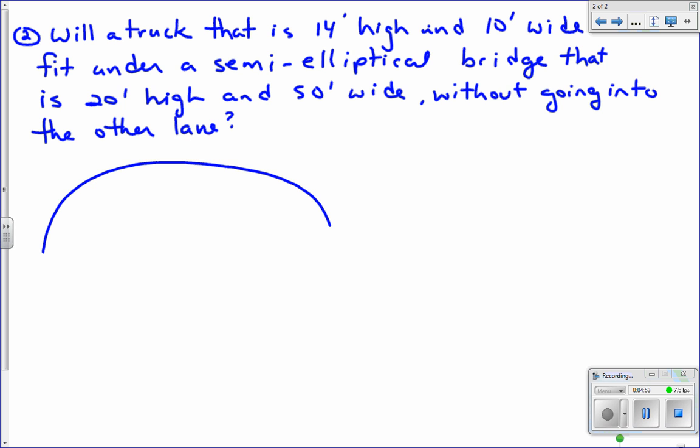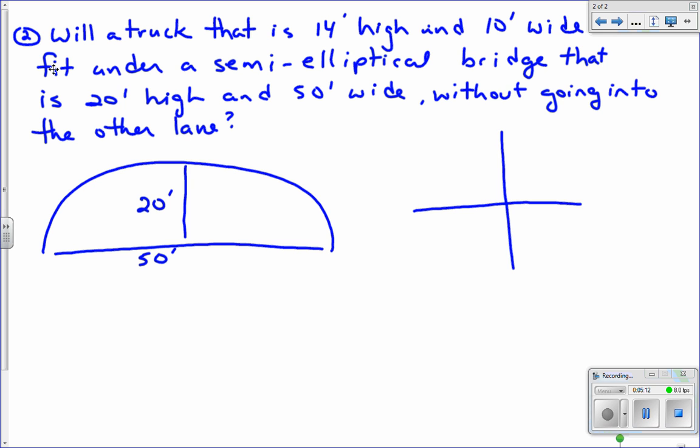So what we do for a problem like that is we think about that bridge as being half of an ellipse. Its height is 20 feet in the middle. It's 50 feet across. If you think about graphing that on the Cartesian plane, you could think of that being centered on the Cartesian plane where it looks like this. So if it's 50 feet wide, this point is actually going to be 25, 0.